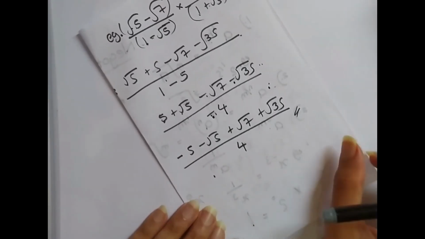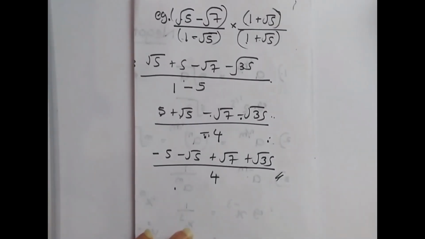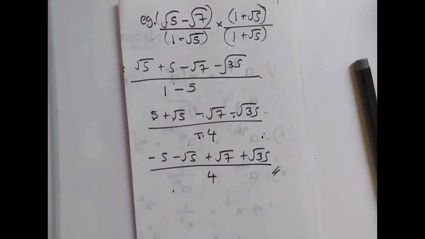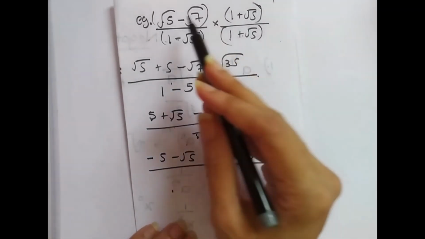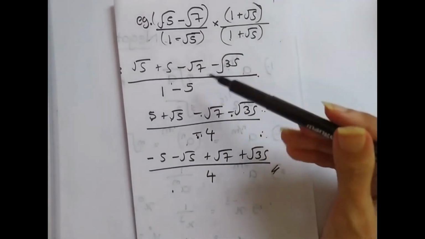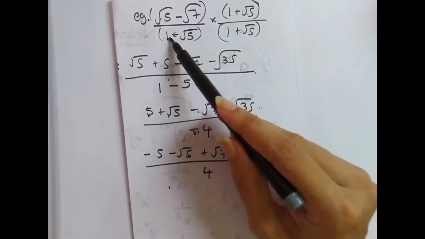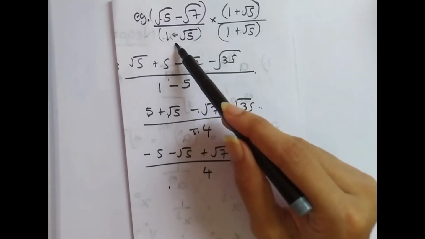So this is the end of rationalizing the denominator. I think you have understood this very well. What you must remember is the basic principles of expanding brackets, and in rationalizing the denominator, you have to consider the opposite sign in the denominator.